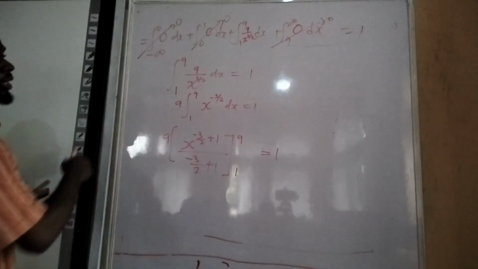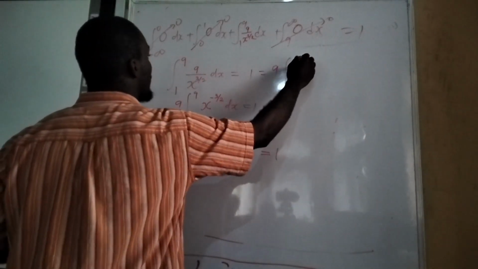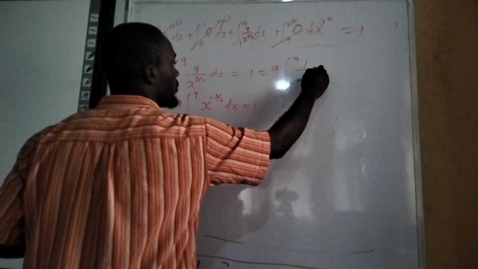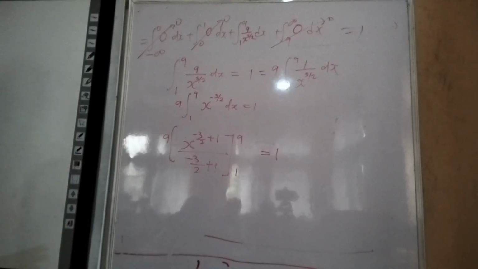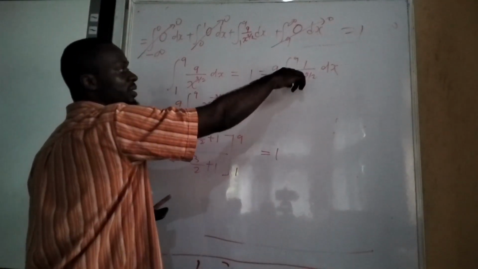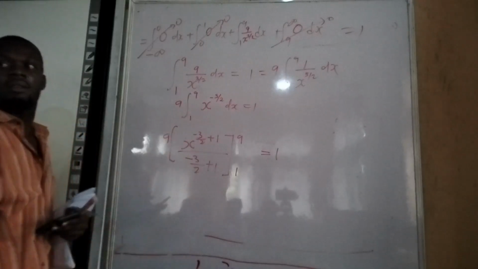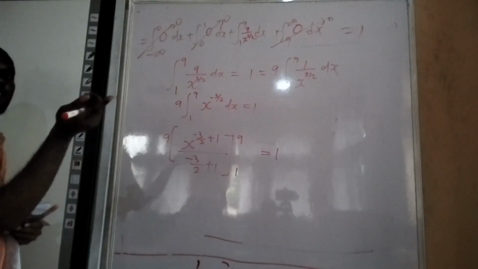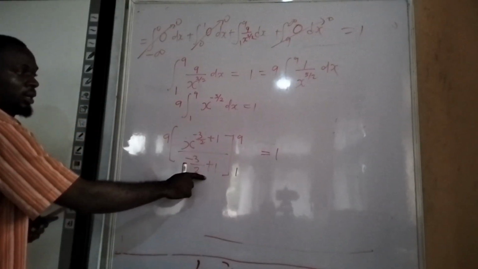If you bring a outside, you have 1 over s to the 3 over 2. So for it to be easy to integrate, since it's inverse, I can put minus in front of the power. Integration is saying we should add 1 to the power and divide by that power.